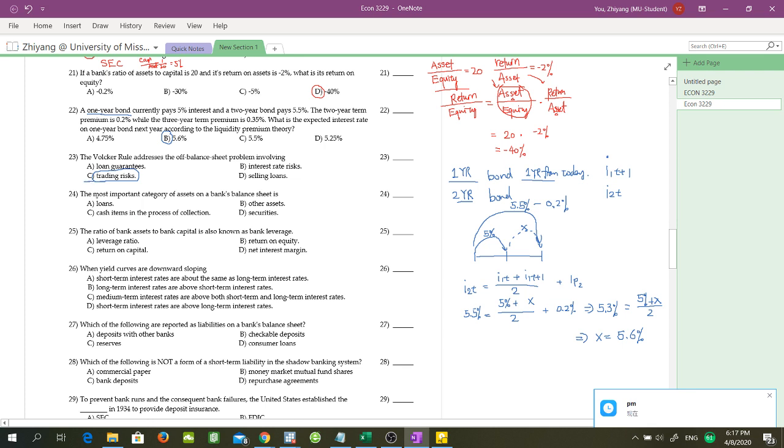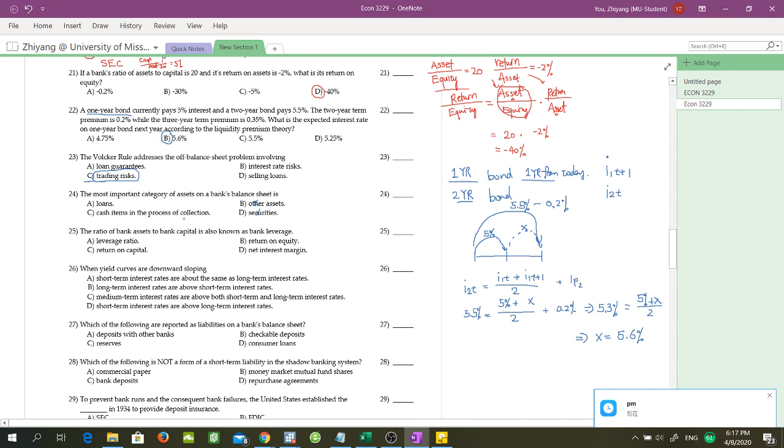Question 24. The most important category of asset on a bank's balance sheet is what? First of all, let's rule out everything that is not under assets. Unfortunately, all four of them are under assets. Other assets is not the most important thing. Securities are something banks always buy, but they are used as a cushion, so that not all the funding is kept in hand with no profit being generated from this money.